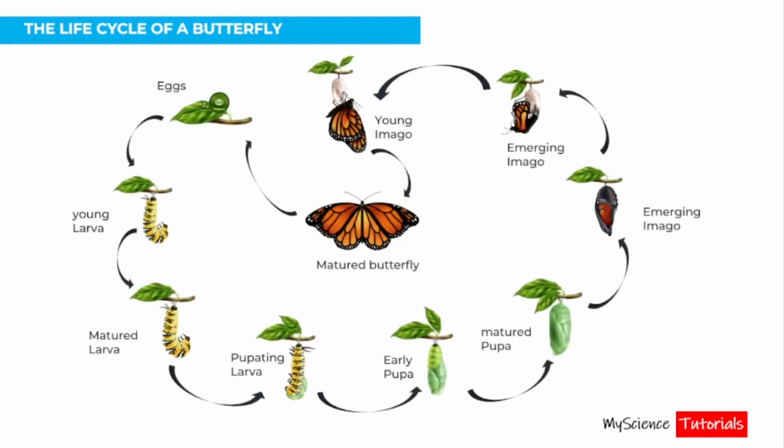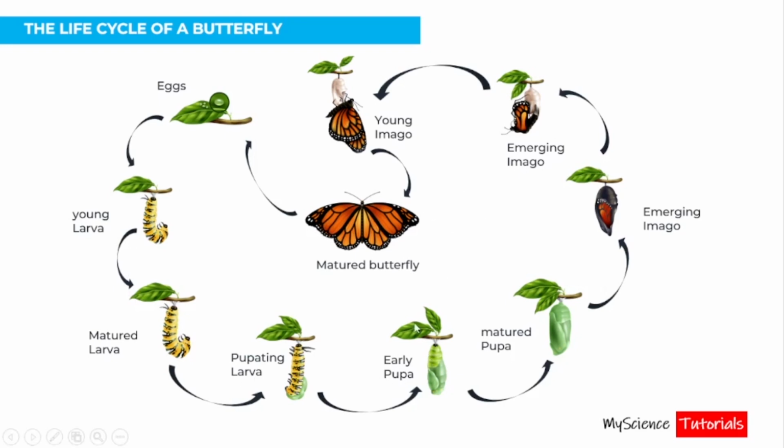So we can see that the life cycle of the butterfly starts from the eggs, then it moves to a young larva which undergoes some maturity to become the matured larva, and then it begins to pupate, so we call that the pupating larva.